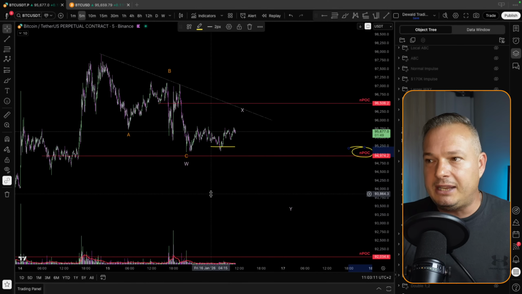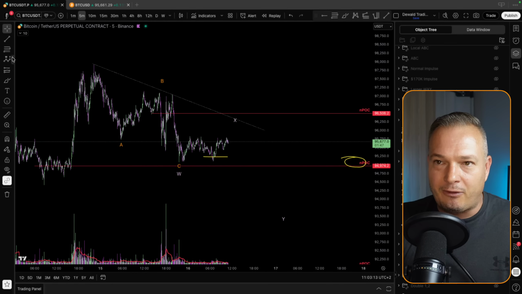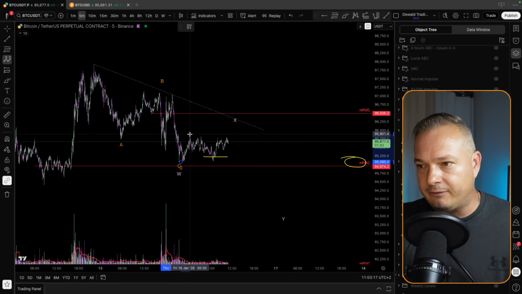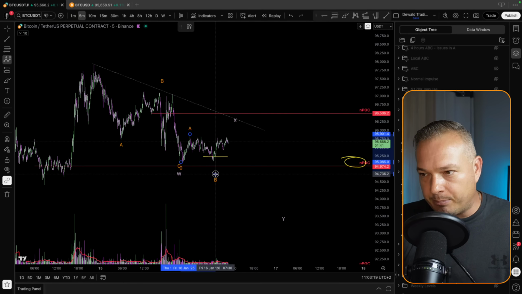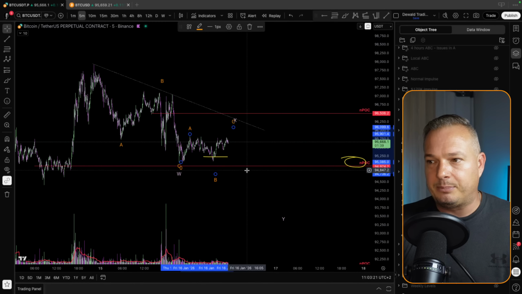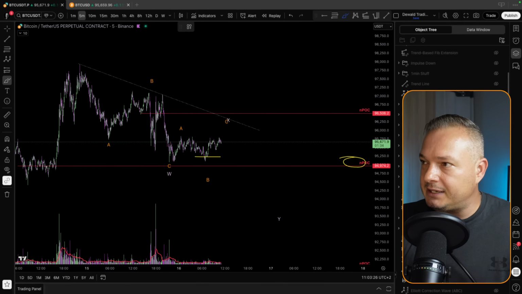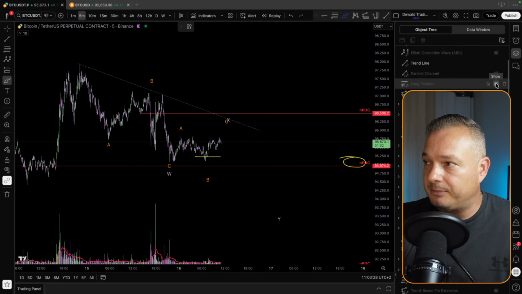Okay, because in a WXY, and this is what I also highlighted in the community, you can form an A, B flat, and a C to the upside. So I told the guys, well, this is the trading setup that I'm looking at.